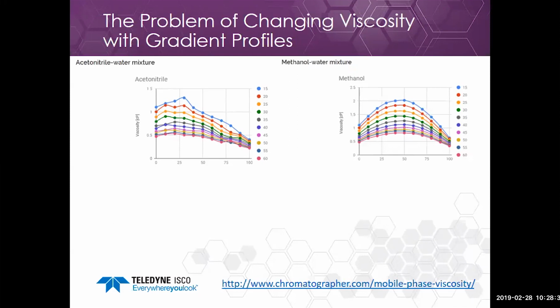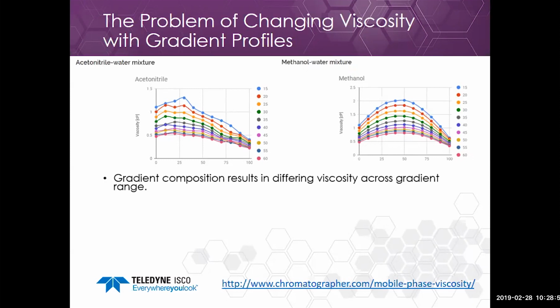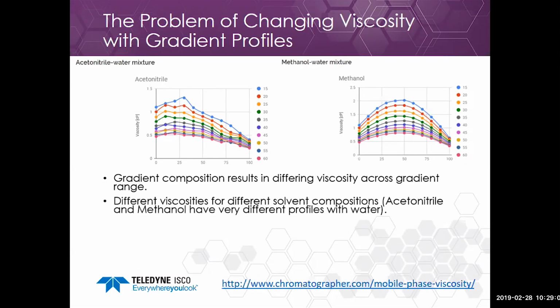If you look at the viscosity curves here for acetonitrile and methanol, we already know that acetonitrile is going to be less viscous than methanol, but across the gradient from 0 to 100% with water, there's a significant change in the viscosity, and a significant difference in the shape of the curve between methanol and acetonitrile.